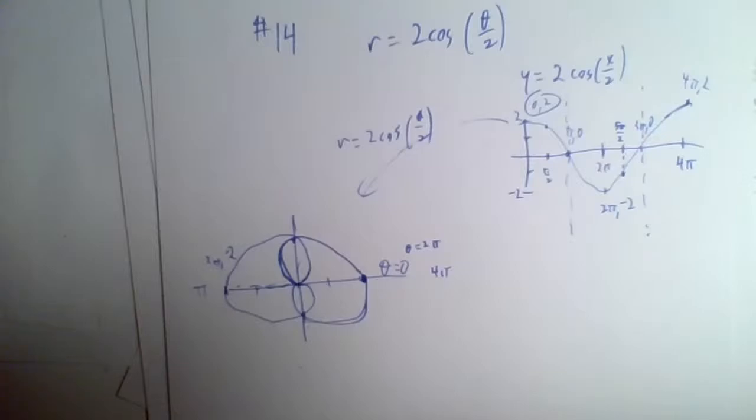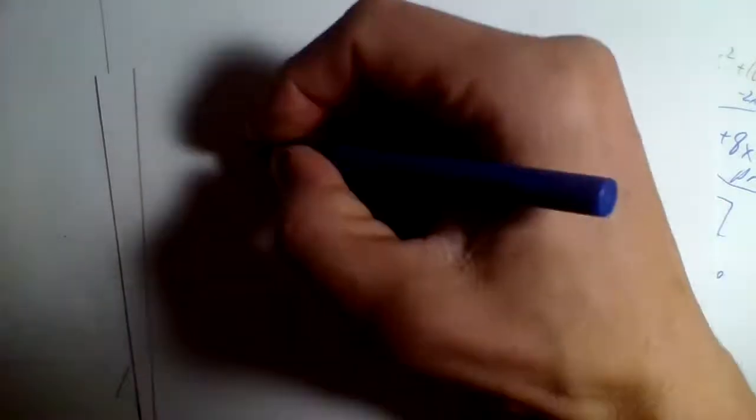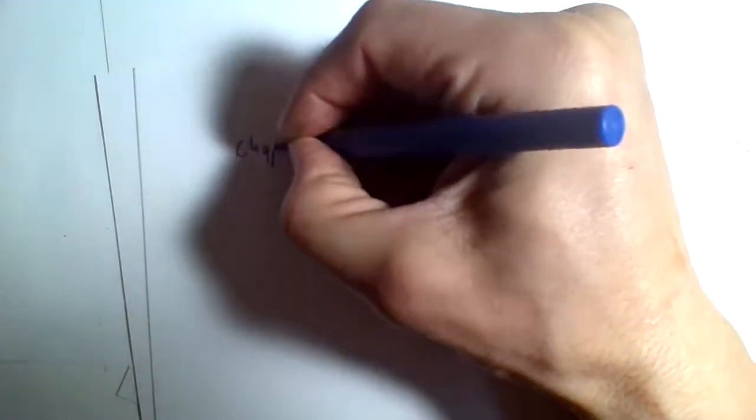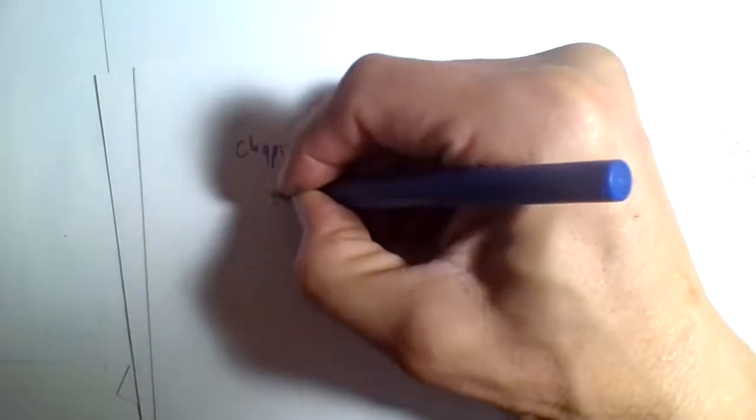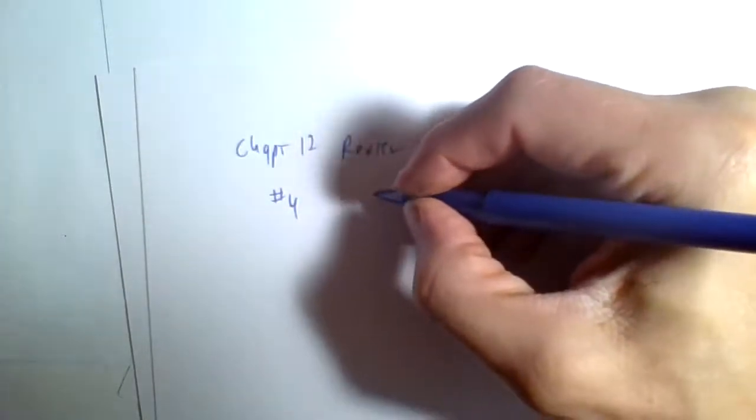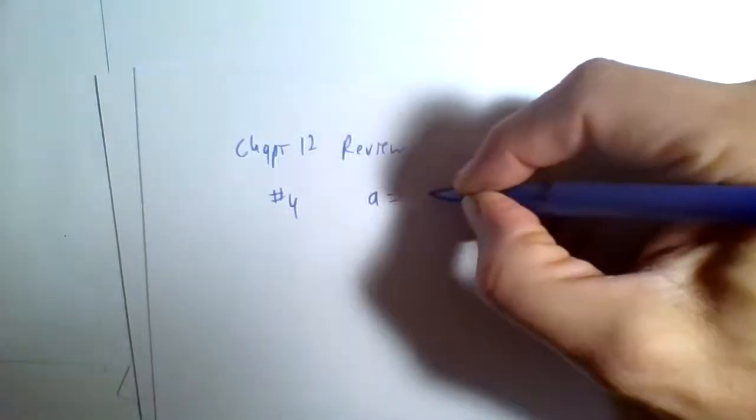So parts of exercise number 4, I'm going to work some stuff. Chapter 12, review number 4 is what I'm looking at. We got some given vectors here.